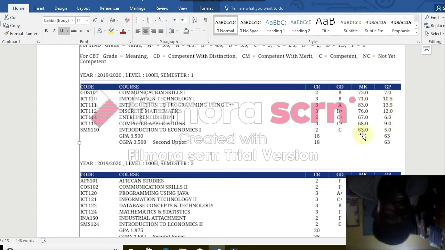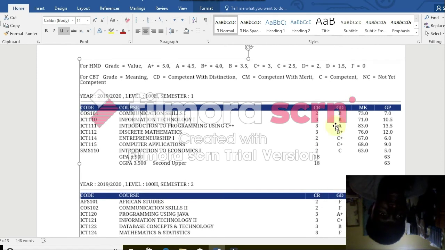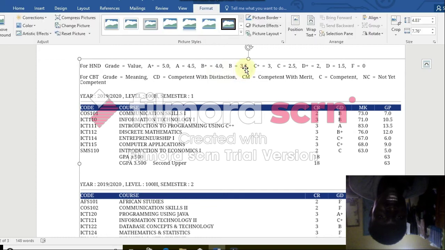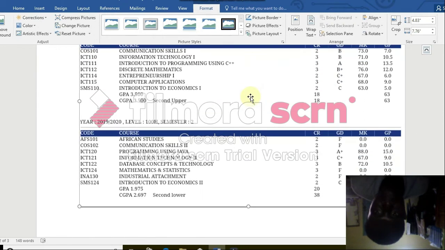But let's look at something first. The marks 73 give you what? B, right? Looking at B, the grade value for B is 3.5. So that is the grade value. We use that one, don't worry, we are going to use it.